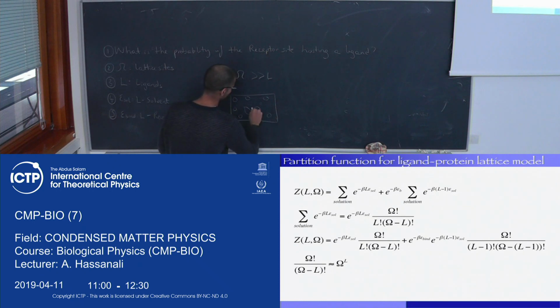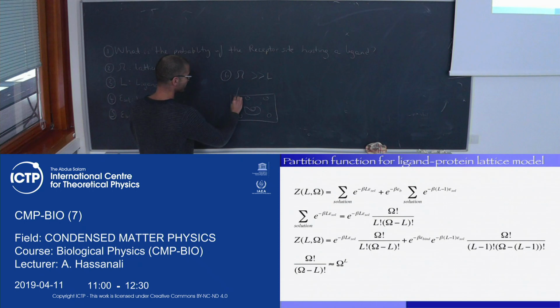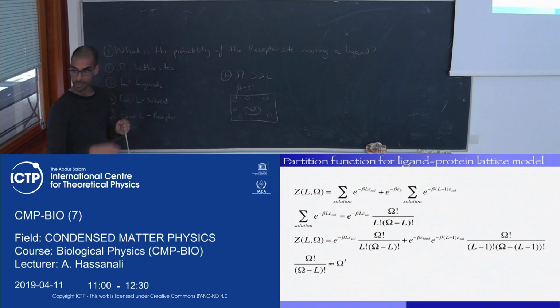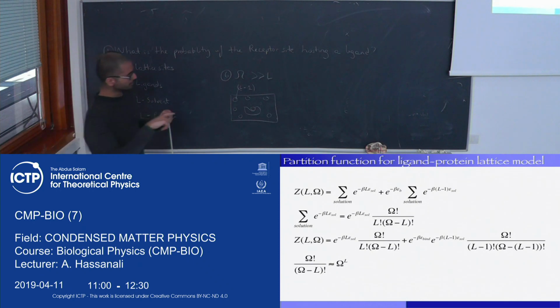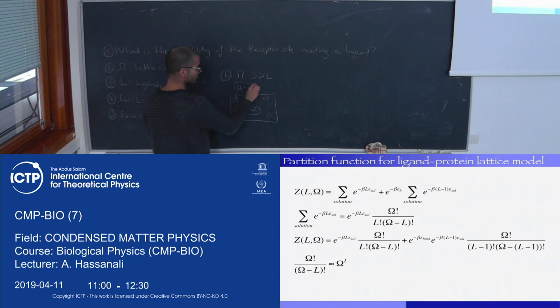Okay, so we have this situation. Now there are L minus 1 of these guys outside. So the total energy in our simple model that contributes to the L minus 1 ligands being outside of the receptor site is this.